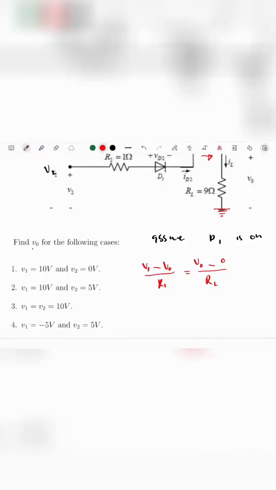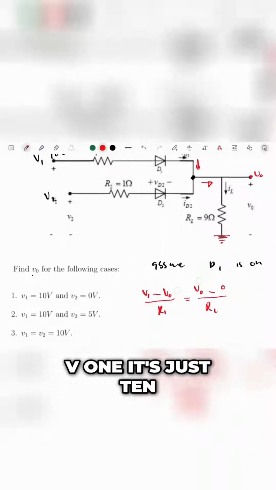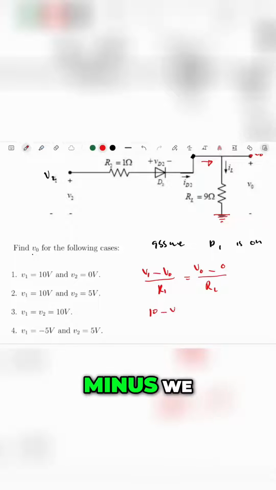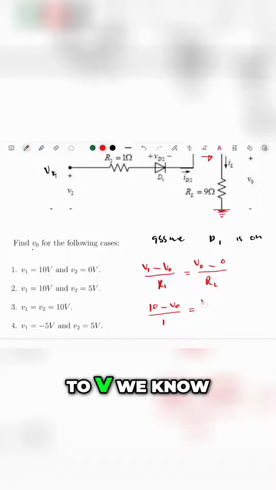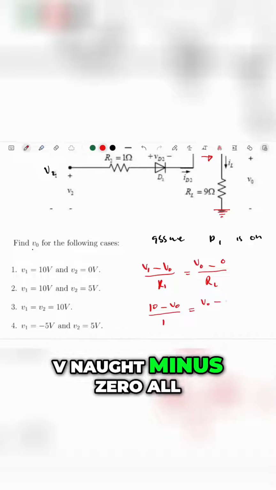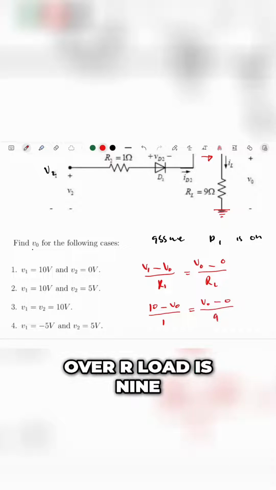So then we can do some math here. V1, which was 10, minus V0, which we don't know, all over R1, which is 1, is equal to V0 minus 0 all over R load, which is 9.